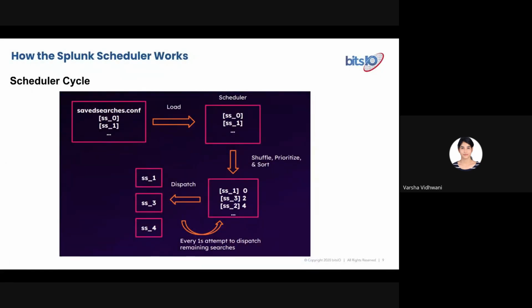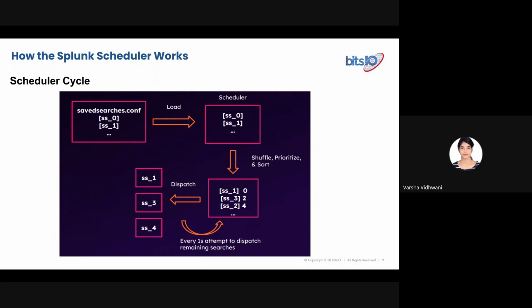All right. So after it has decided the priority, it will sort all the searches based on those priority values. From there, the scheduler will start trying to dispatch the searches in that priority order, but it can only dispatch as many searches as the system's concurrency limits allow.